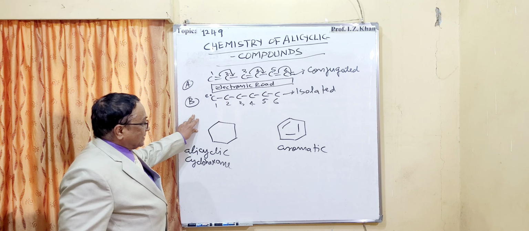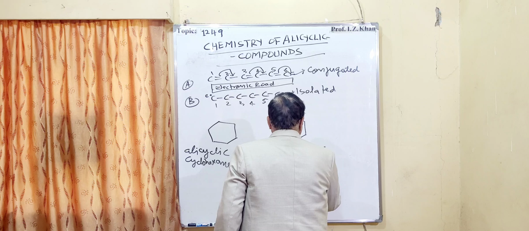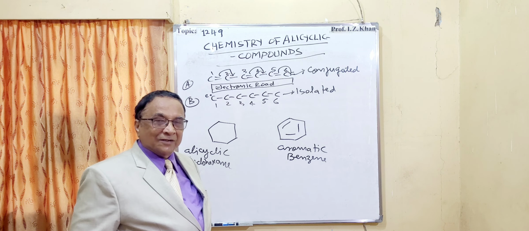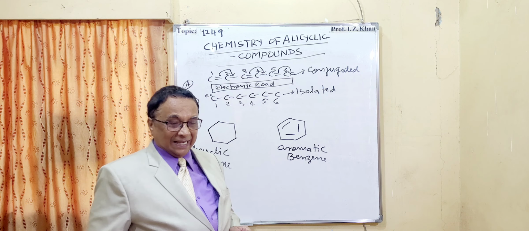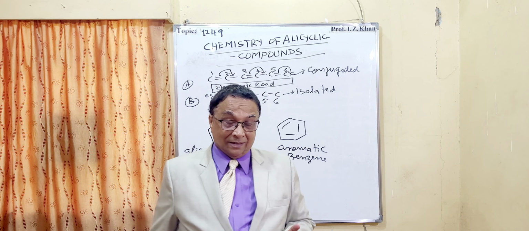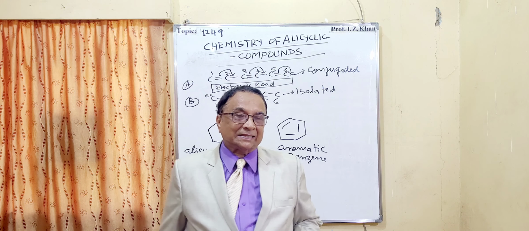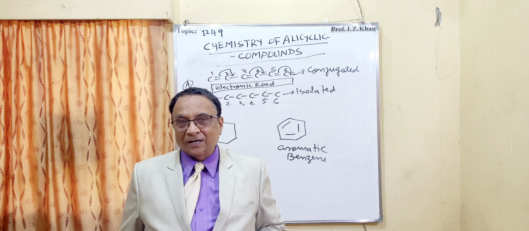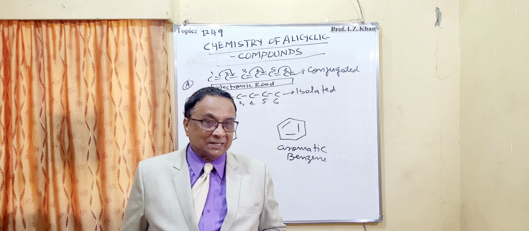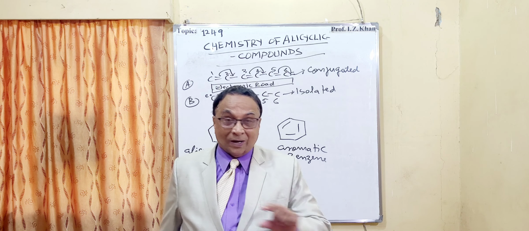So one is aliphatic, other one is aromatic. This is called benzene. Both are having 6 carbon, both are in ring form. The only difference is that in the case of cyclohexane, there is no electronic road provided to move from carbon 1 to carbon 6. And in the case of benzene, the electronic road is provided for electron to move from carbon 1 to carbon 6 because of formation of conjugation, double, single, double bond, that provides electronic road.